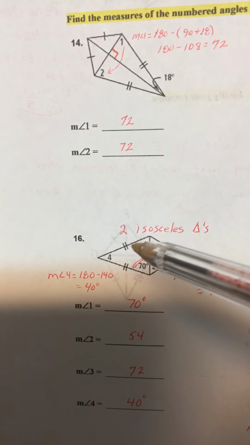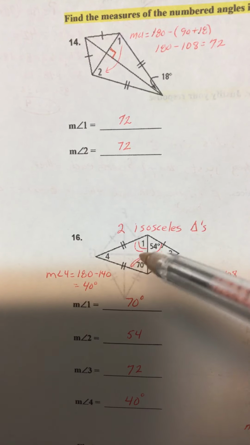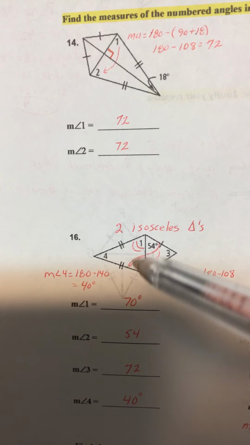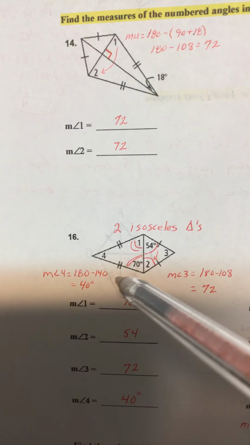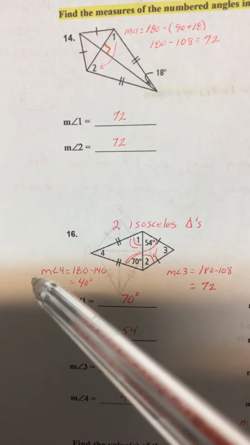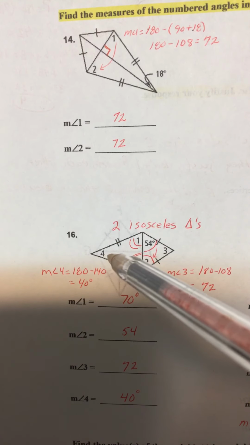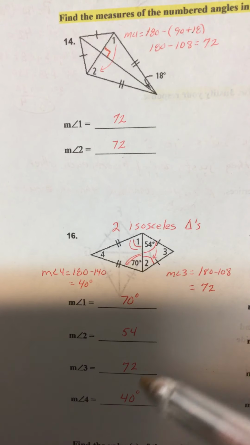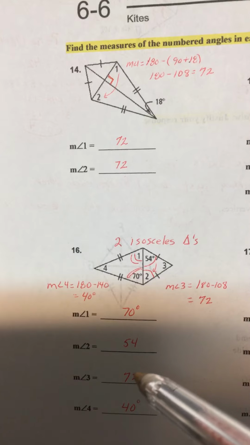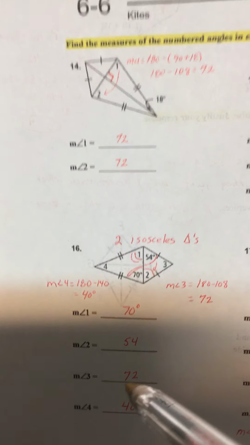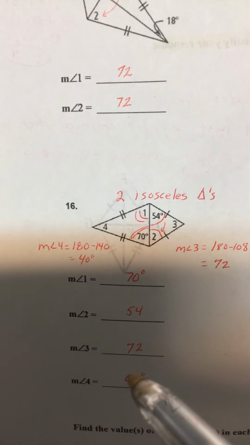If angle 1 and 70 degrees are my base angles, they have a sum of 140. So that leaves my vertex angle, angle 4, being 40 degrees.